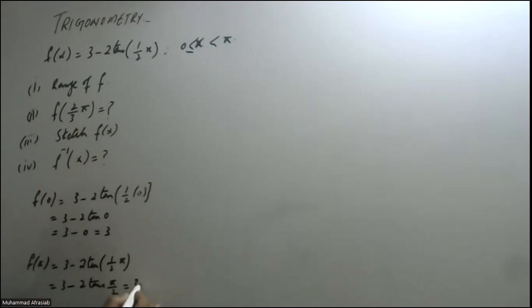That is equal to 3 minus 2 into tangent of infinity, so pi by 2 gives infinity for that. So the range of this graph will be less than or equal to 3.